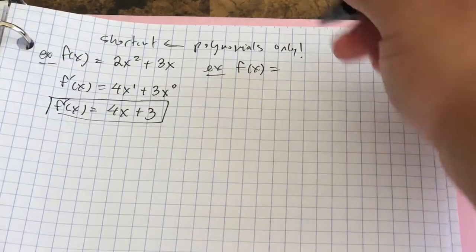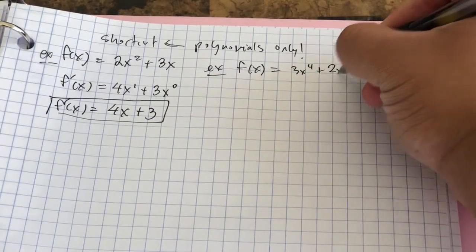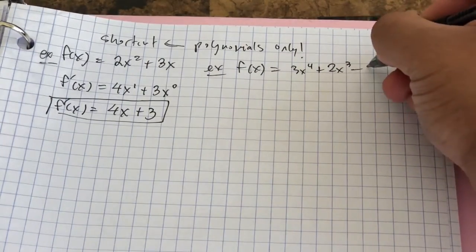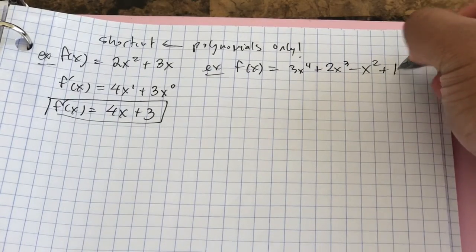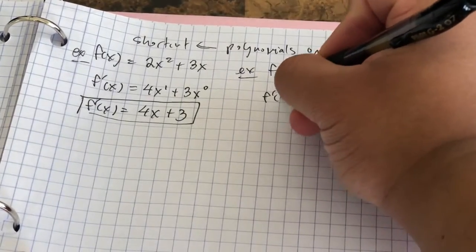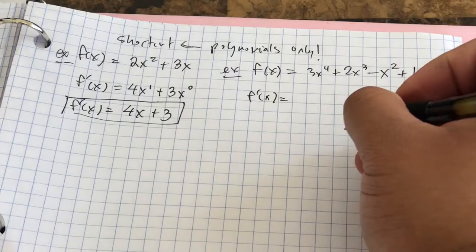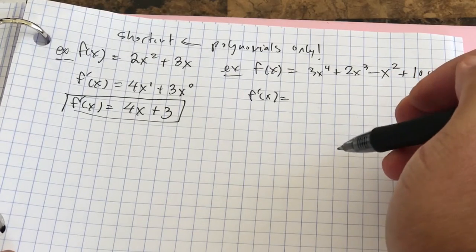Anyway, f of x, let's go 3x to the fourth plus 2x to the third minus x squared plus 100. Oh boy. Okay. The derivative is, let's go one by one, slowly. I'm going to let you say it, and then I will say it.